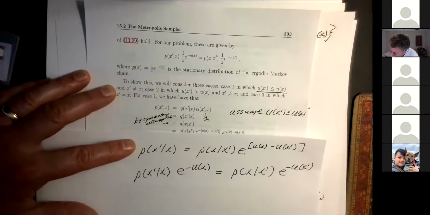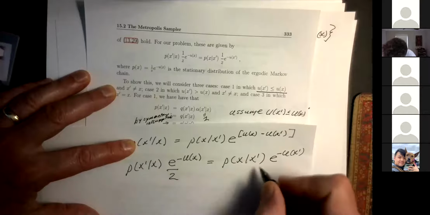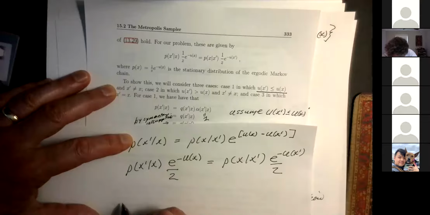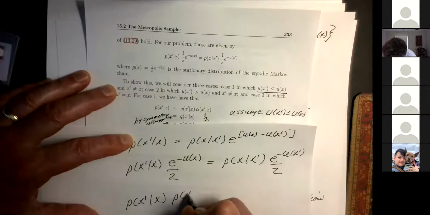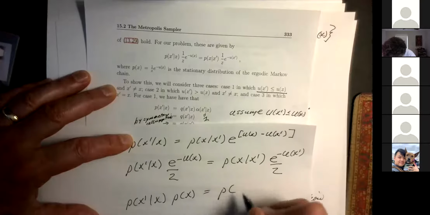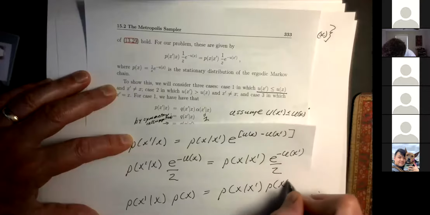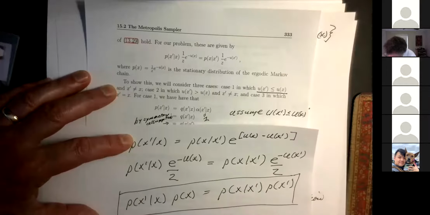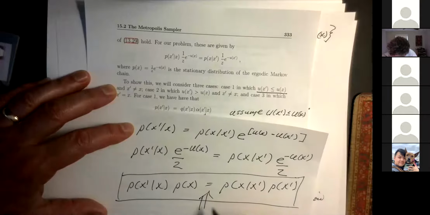And then I can divide both sides by Z. And then I've got that P of x prime given x times P of x is equal to P of x given x prime times P of x prime. Voila, it's miraculously true. I've shown the result. This is the detailed balance equations.